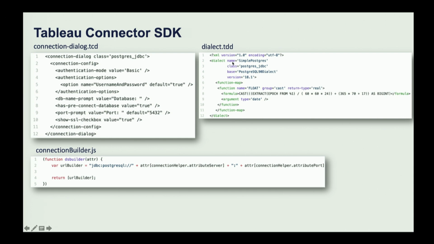Next, we have a dialect. As I mentioned earlier, even though most databases speak SQL, not all SQL is the same. And in here, we provide various base classes. There's the ultimate base class, which is the ANSI standard SQL.